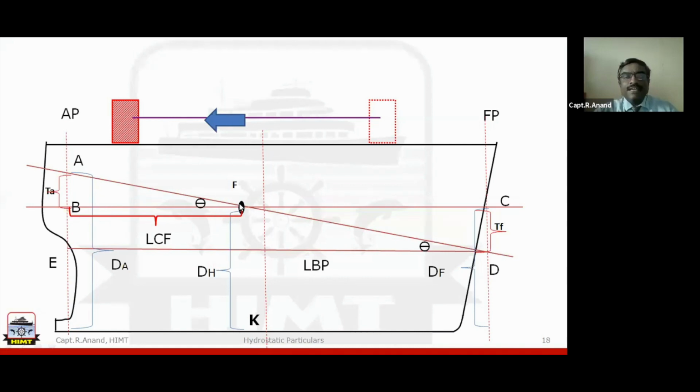So if I want to know F to C, it becomes LBP minus LCF. So the formula for TF is just a slight modification. For TA we said trim into LCF by LBP, but for TF it will be trim into LBP minus LCF divided by LBP. That's the formula for TF.